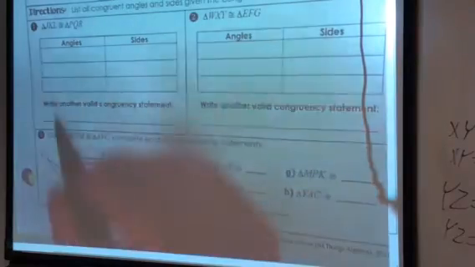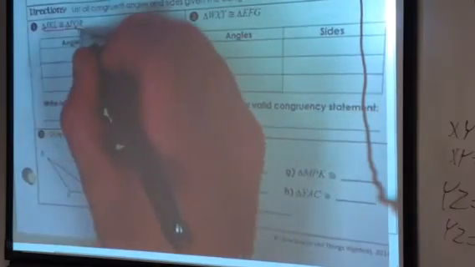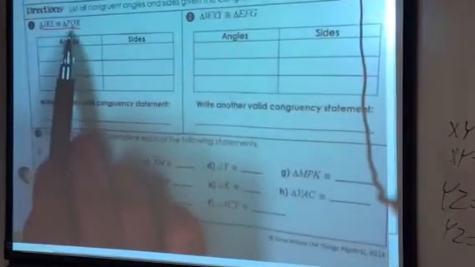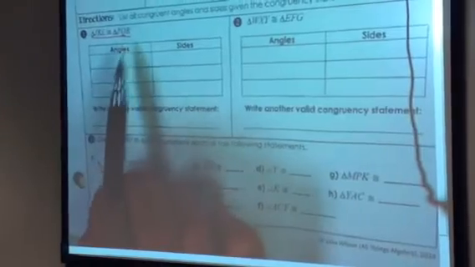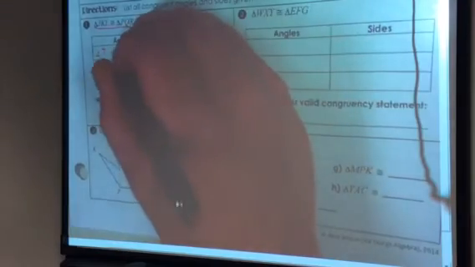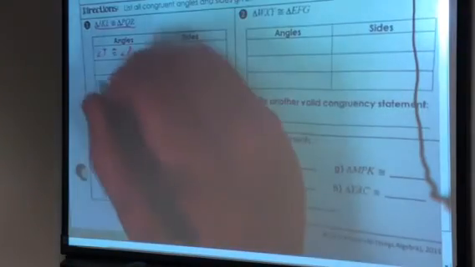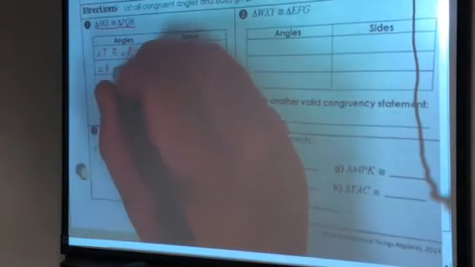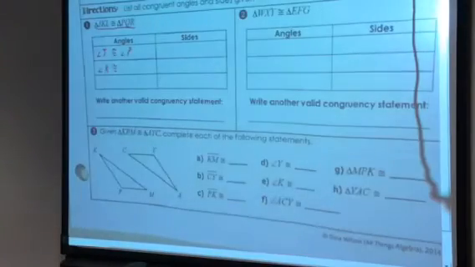If I look, it gives me this congruent statement, and it says triangle JKL is congruent to triangle PQR. Without even looking at the picture, what angle does J have to be congruent to? Angle P. Angle K has to be congruent to which angle?